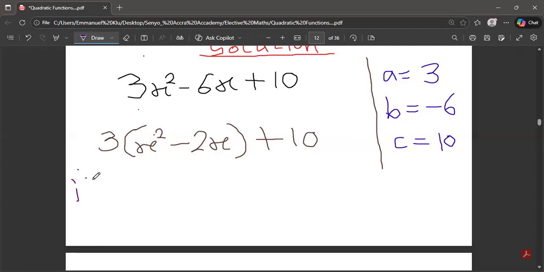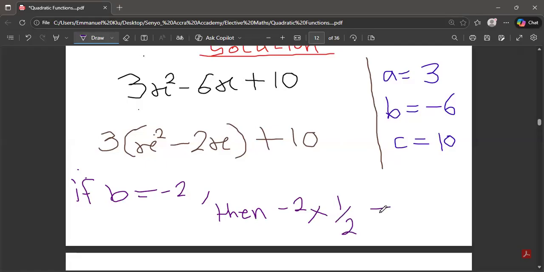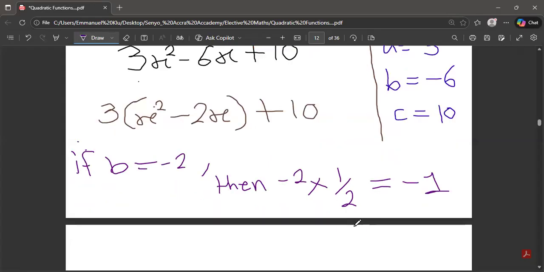So we are saying that if b is equal to -2, then if we take half of it, what are we going to get? Then at the end of the day, we can say -2 times half. What are we going to get? -2 times half is equal to negative 1. Good. Exactly. So we are going to get -1.